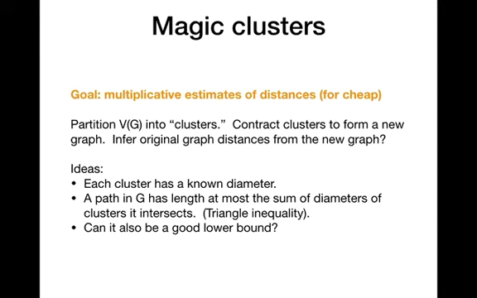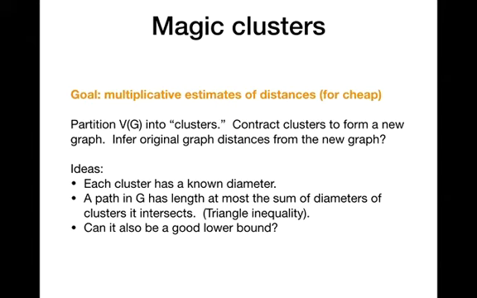And by that I mean that you think of each cluster as a vertex, and two clusters have an edge between them if there are edges between some vertex of this cluster and some vertex of the other cluster. And so now you have a smaller graph, and the idea is that we want to infer the distances in the original graph from the new graph.